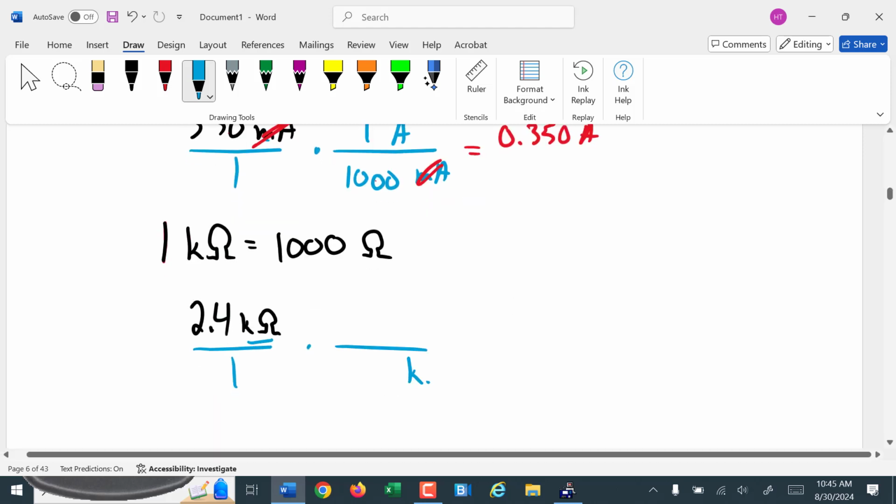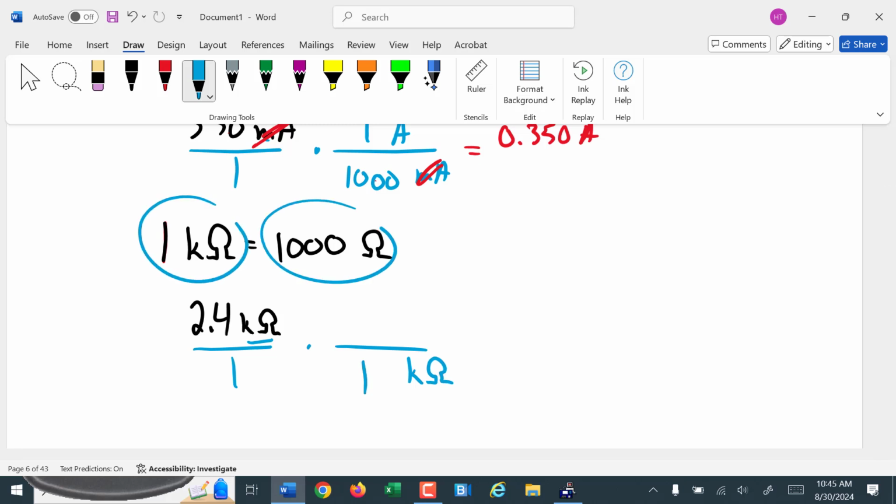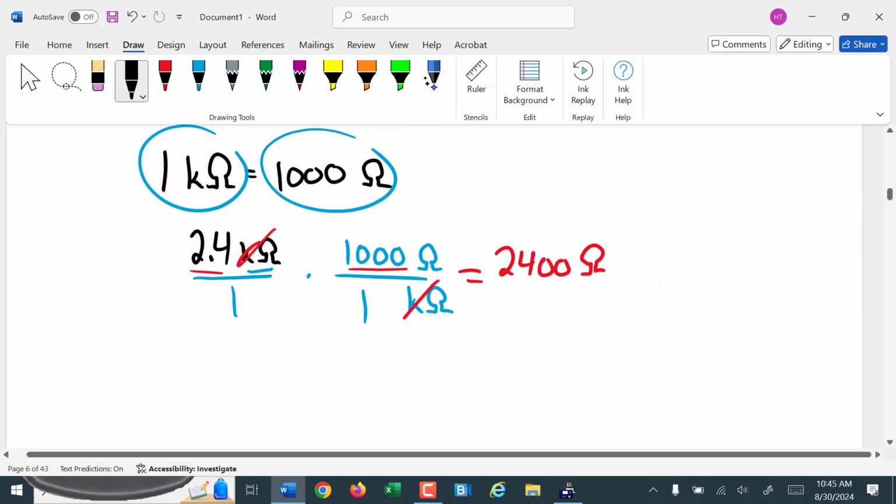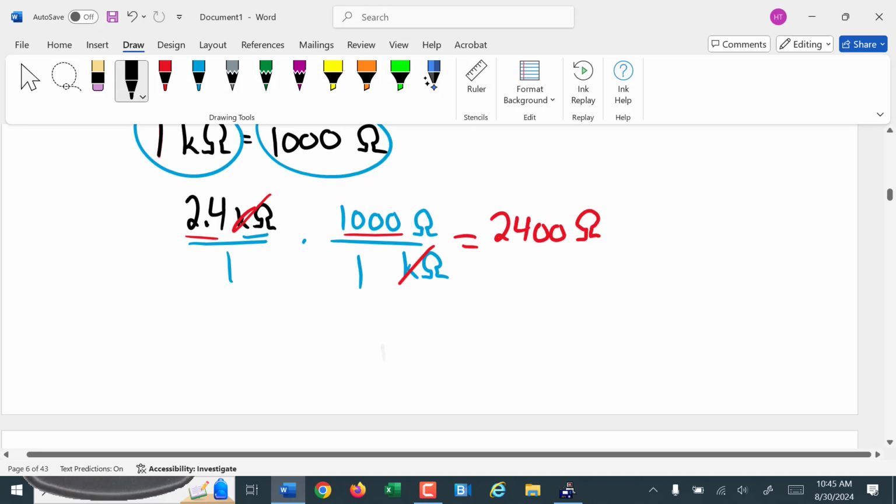So if I give you that we have 2.4 kiloohms, and I need to change that into ohms to put it into our formula, I have kiloohms, so I'm going to put kiloohms on bottom. 1 kiloohm equals 1,000 ohms. So again, the kiloohms cross cancel out. 2.4 times 1,000, since the 1,000's on top, is 2,400 ohms.